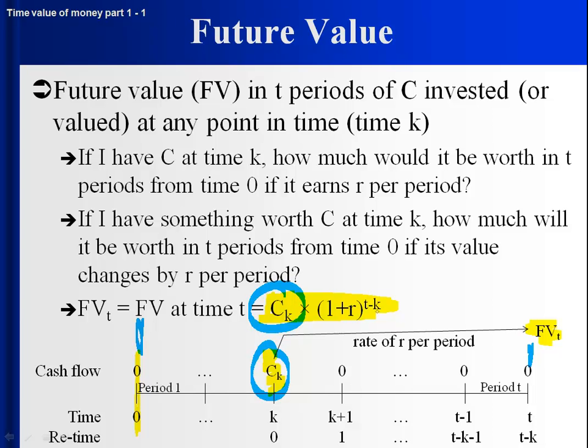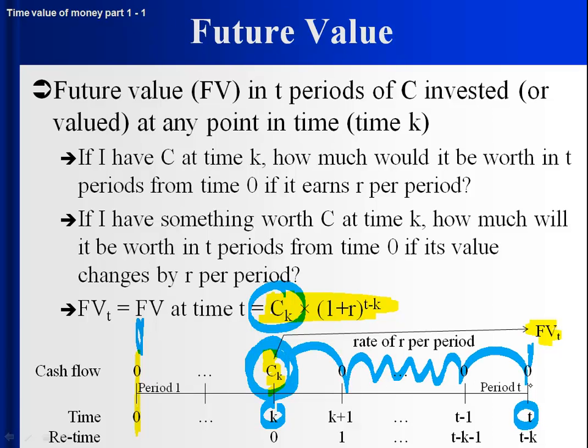Here we take it to the t minus k, which is basically saying that if we start here at time k and we want to know how much we'll have here at time t, how many times does it grow for? T minus k.